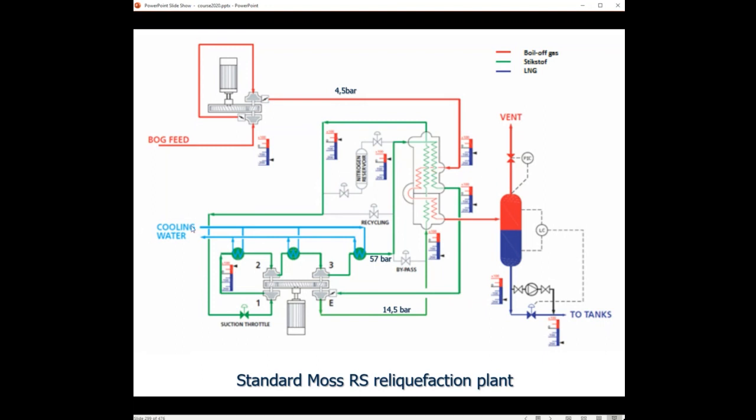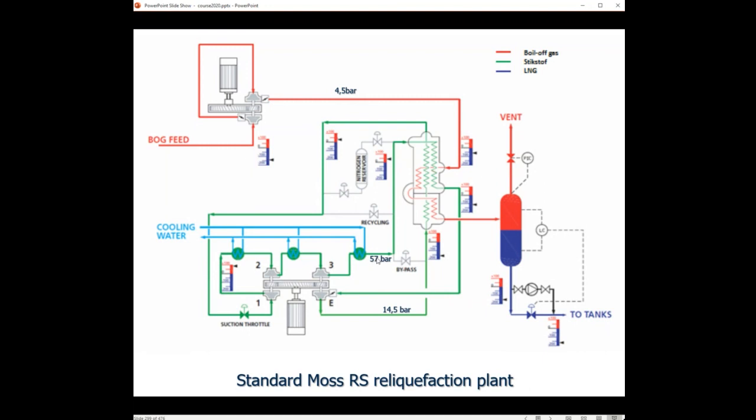This cooling is done with ordinary seawater. After the cooling, we go to a second compression. Again, we have a very high temperature, so before we can do a third compression, we need to cool down again. Okay, we do the third compression. We have high temperature, so we cool down again. We are now at a pressure of 57 bar.